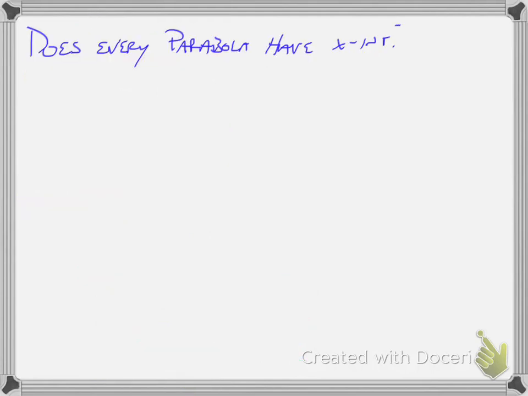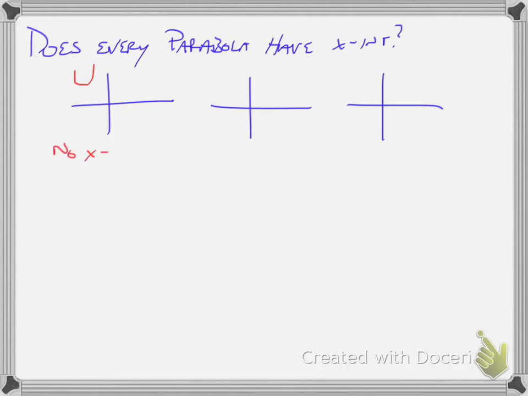Here I'm asking the question, does every parabola have x-intercepts? And the answer is no. You have three options with x-intercepts. If a parabola is above the x-axis and opening up, it's not going to have any x-intercepts. At the same time, if it's below the x-axis and opening down, it's not going to have any x-intercepts.